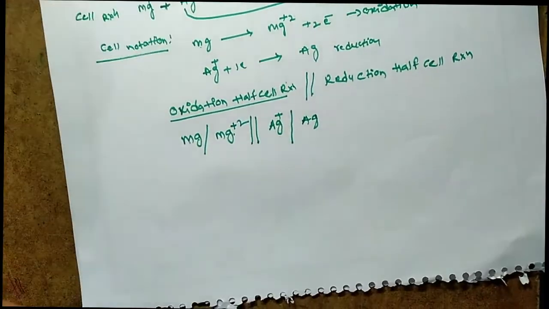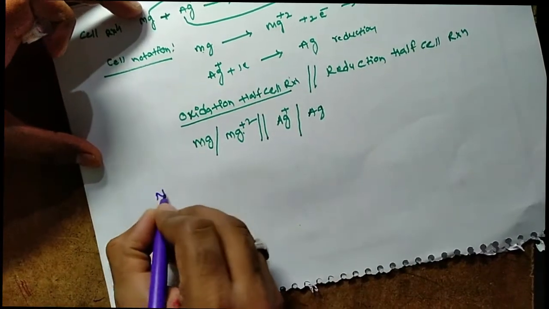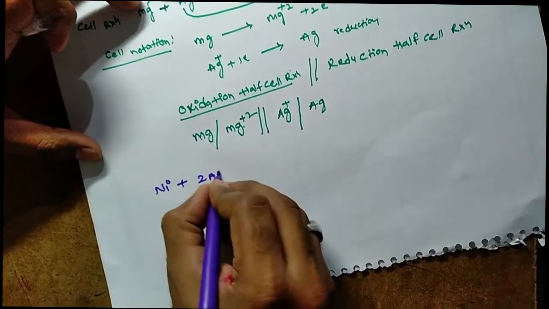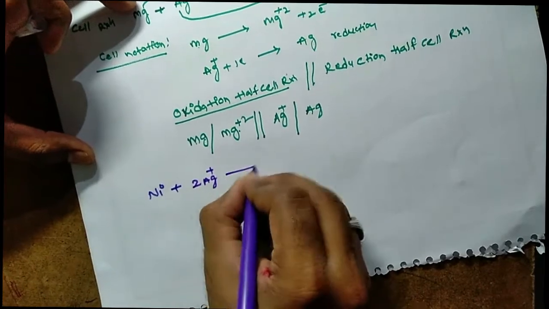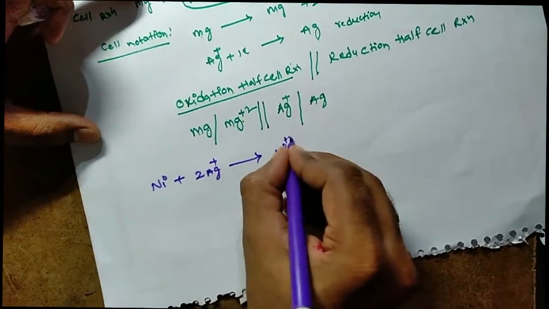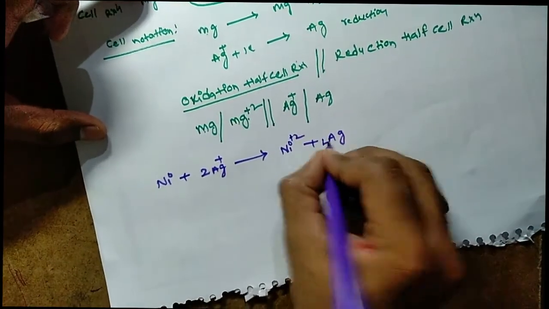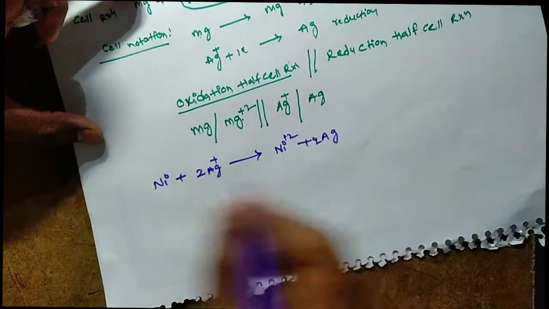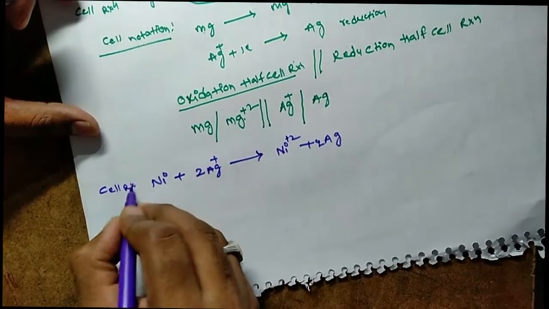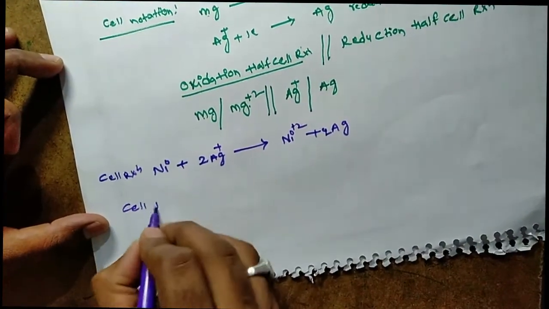So I can give another example. You have to understand. Ni + 2Ag+ gives rise to Ni2+ + 2Ag. So this is a cell reaction. They ask the cell notation.